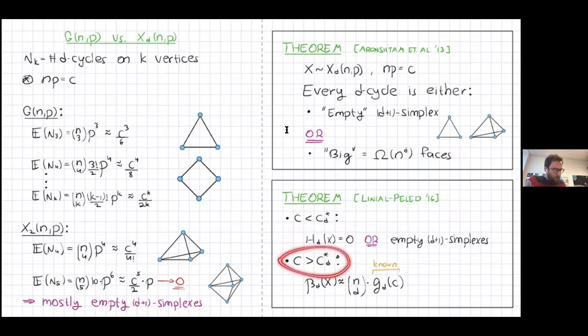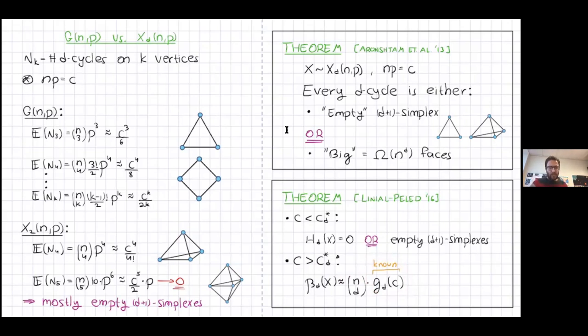And if you're above, then you have those big D-dimensional cycles. And you can also show that the Dth Betti number, the number of those cycles, is very large. It's roughly n choose D times some expression which is given in the paper, but it's not a nice expression, so I leave it out.